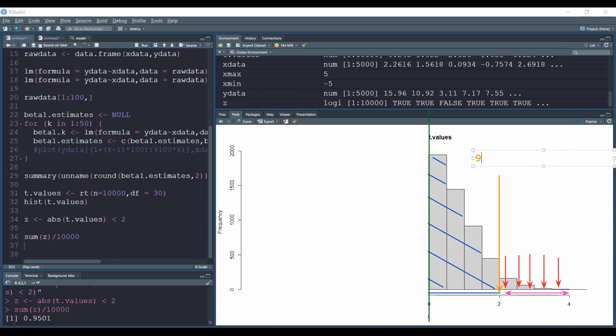So although the book is sort of speaking of a 5% cutoff, it's the same thing. At the 5% cutoff, any t-value, no, excuse me, any t-statistic greater than 2 leads us to reject the null hypothesis.